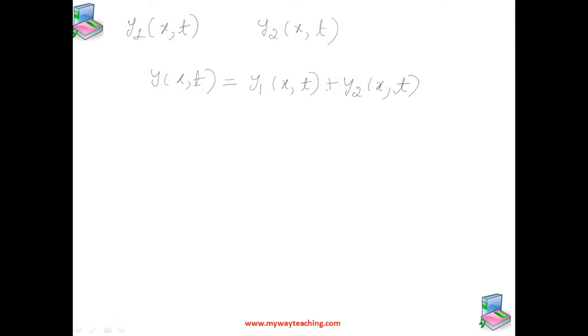If we have two or more waves moving in the medium, the resultant waveform is the sum of the wave functions of individual waves.